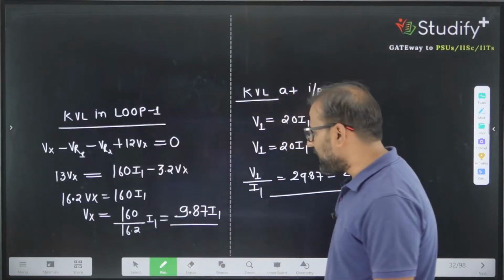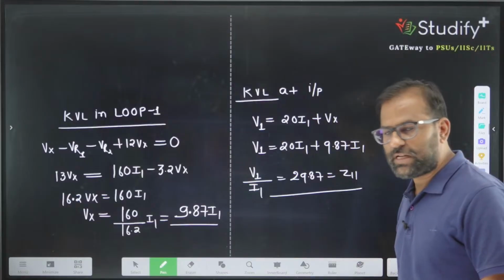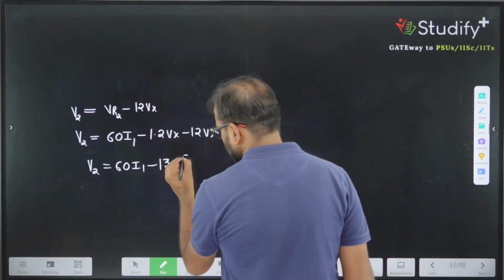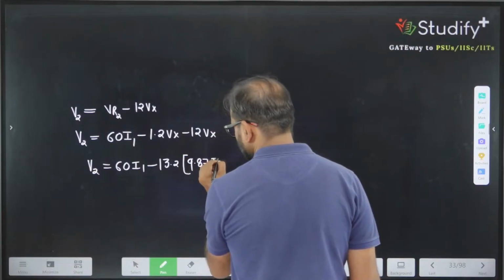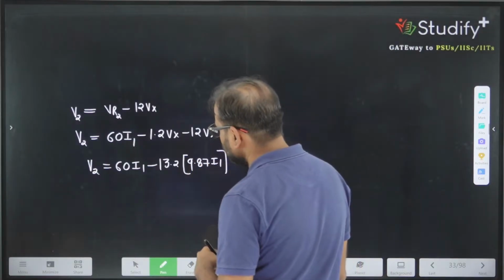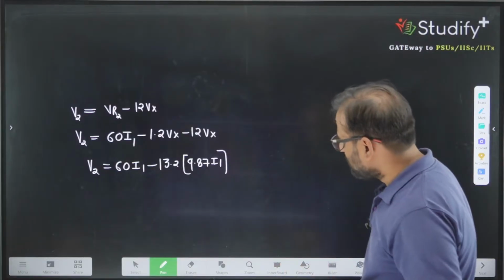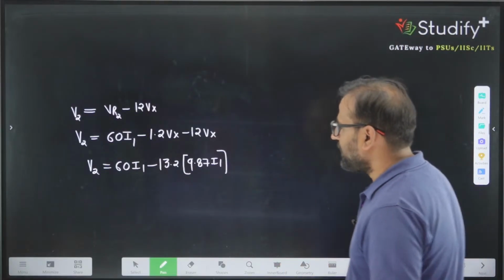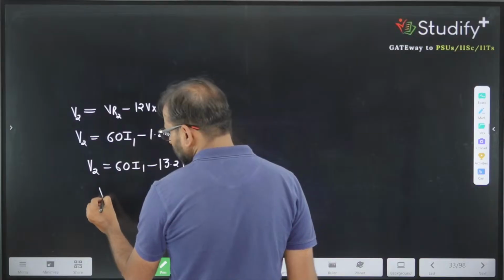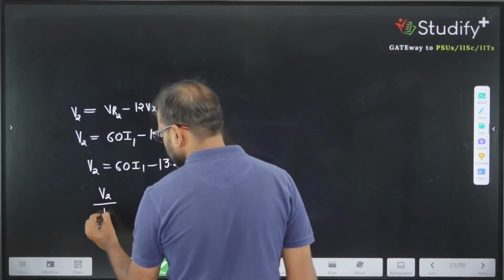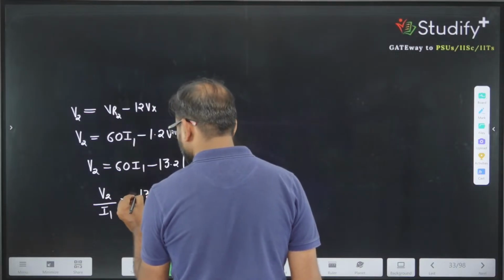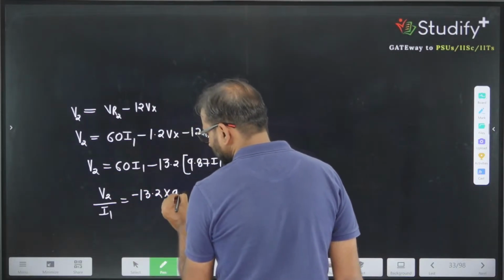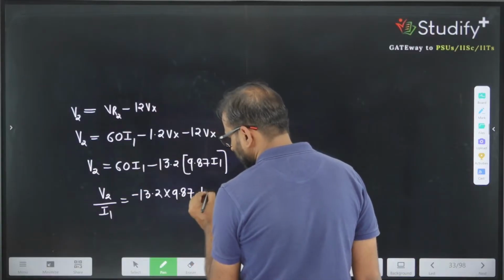What is the value of Vx? The value of Vx is 9.87 I1. From here you can calculate the ratio V2 divided by I1, and that ratio is minus 13.2 into 9.87 plus 60.